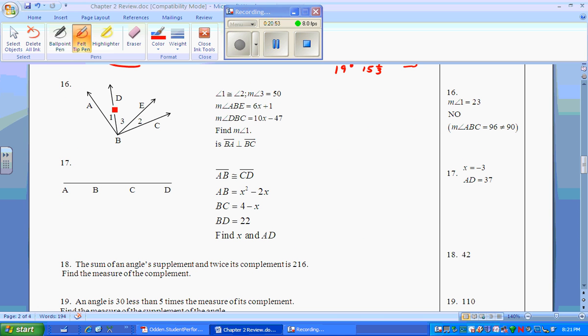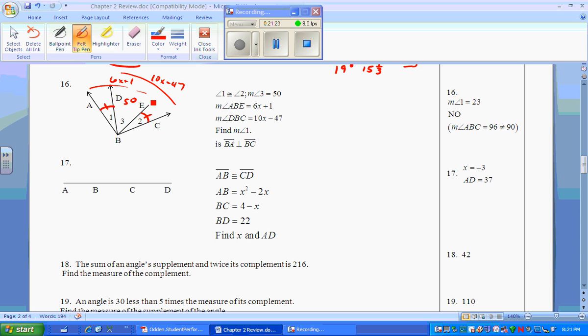Question 16, we've got angle 1 and angle 2 being congruent. Angle 3 is 50. We know that ABE, this angle right here, is 6x plus 1, and this angle right here is 10x minus 47. If we look at the picture, these two overlap, so angle 3 is reflexive.